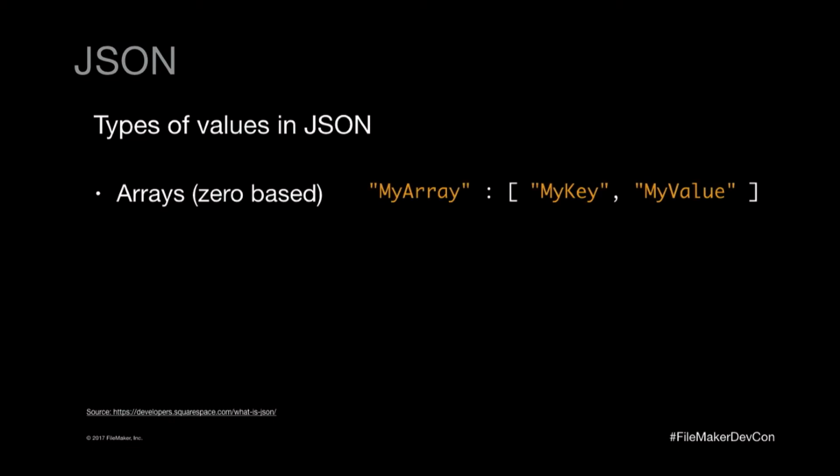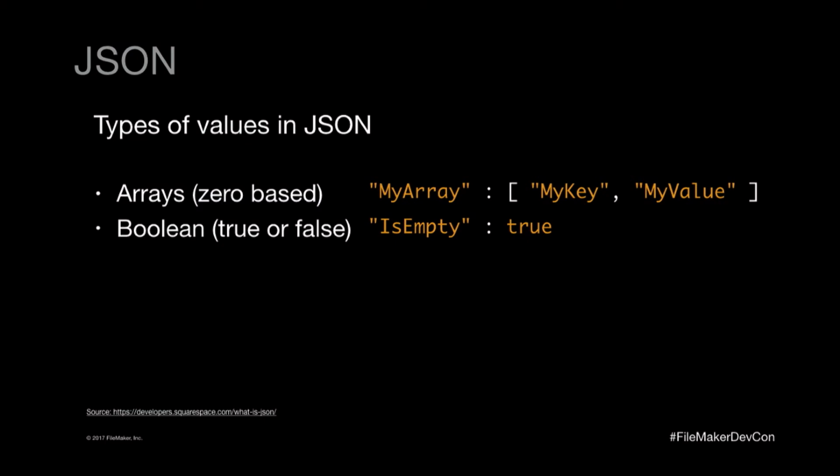We have arrays, which are zero-based, and this is really important. I will slow down a little bit here because this is important. Zero-based means that the first value of a JSON array has the index equal to 0. If you are going to grab the first value of a JSON array, the index you need to use is 0. This means a zero-based array. Boolean means you have a true or false value.